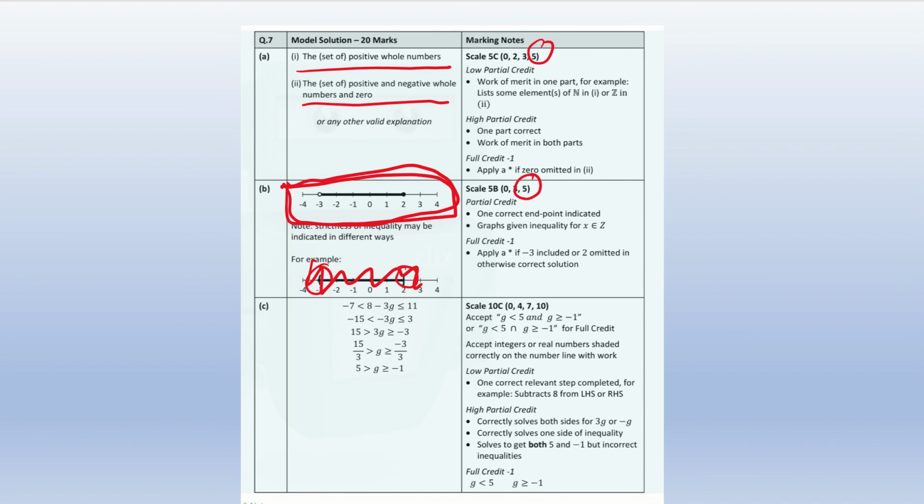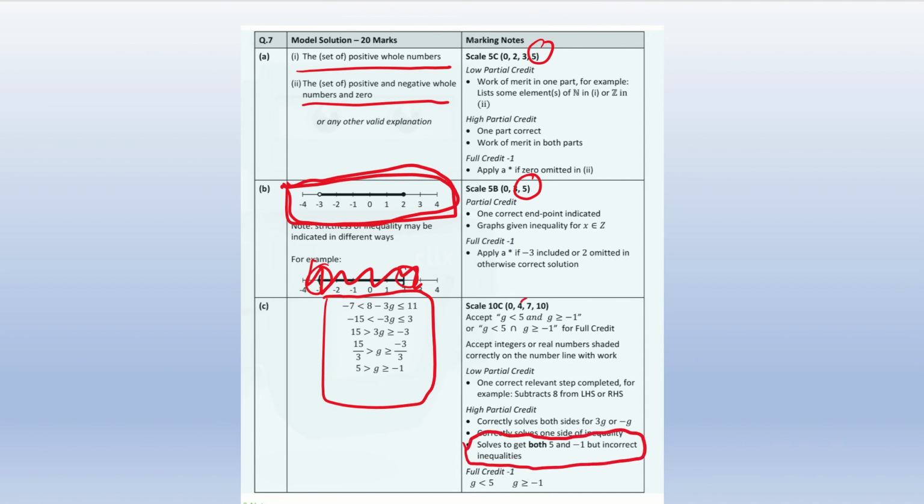And again, part C was 10 marks, and they've done all their steps there as well for you. And just one thing to be aware of, if you had left the inequalities as they were at the start of the question, if you'd forgotten to change them, then you would have only gotten high partial credit.